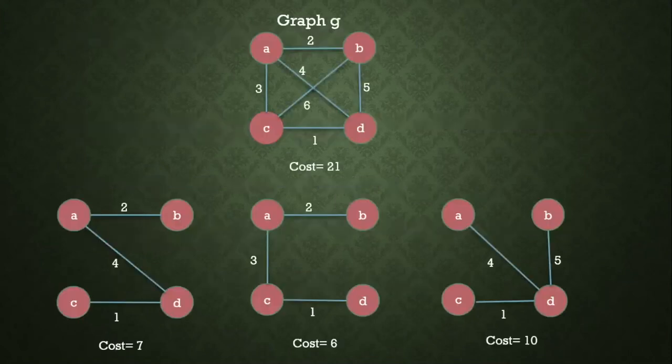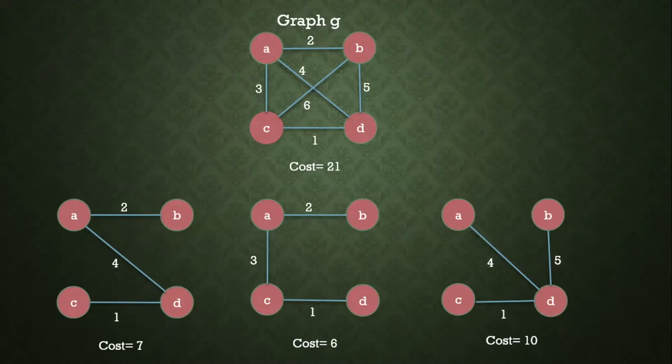So here you can see a graph called G, which has 4 vertices and 6 edges, and its total cost is 21. And you can draw any of the MST graphs. Here you can see the last 3 graphs are the MST graphs. You can draw either of them. The MST graph's cost will be less than the main graph.